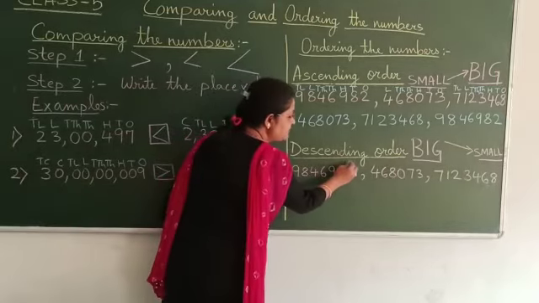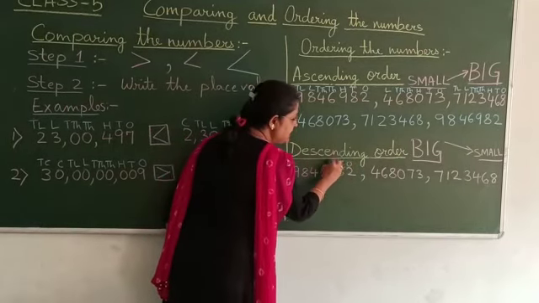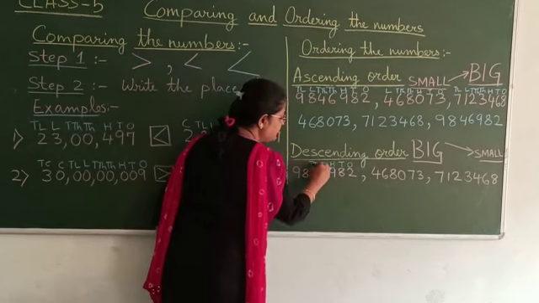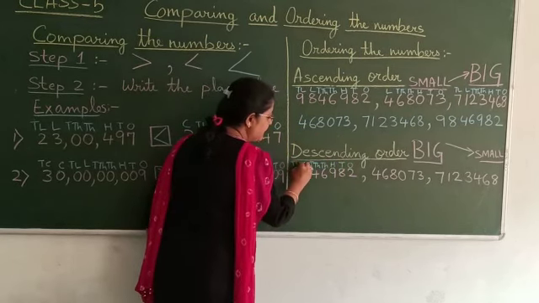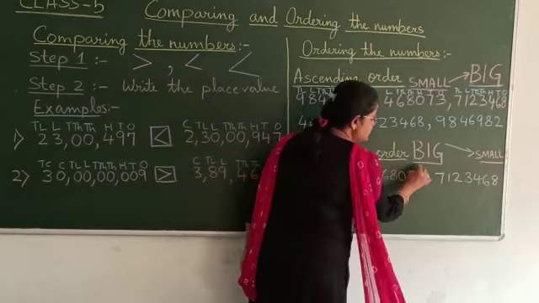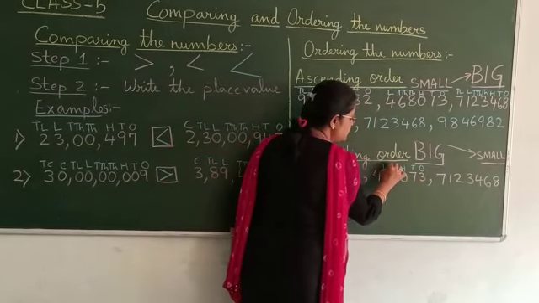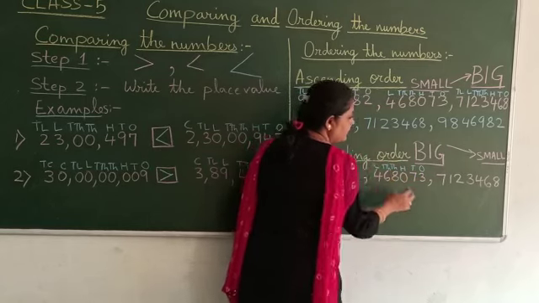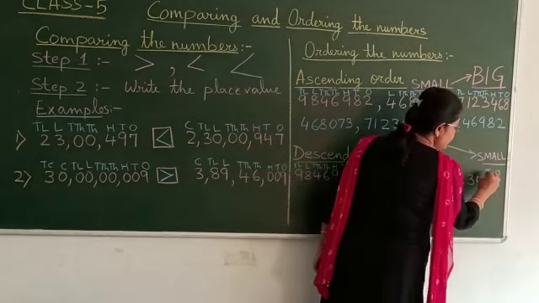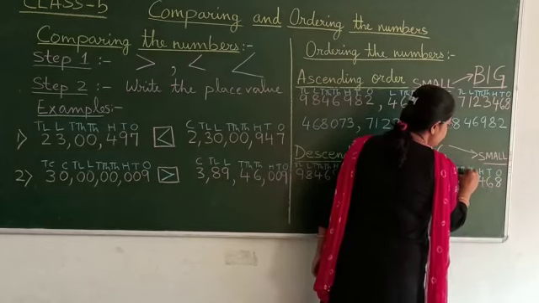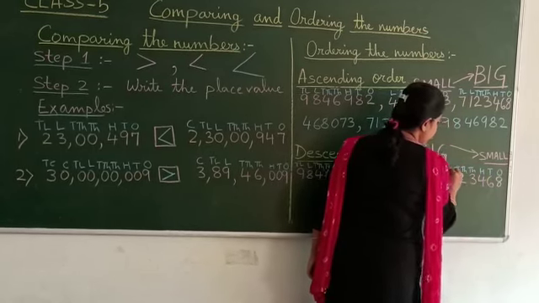We write the place values: ones, tens, hundred, thousand, 10,000, lakh, 10 lakh. Ones, tens, hundred, thousand, 10,000 and lakh. Ones, tens, hundred, thousand, 10,000, lakh, 10 lakh.